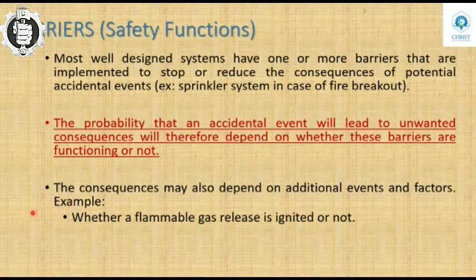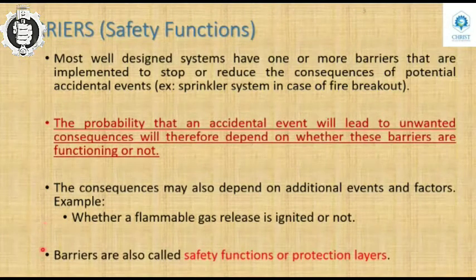If some fire is present and some gas leakage is there, then it may result in a total failure or a large explosion. These barriers are also called safety functions or protection layers, so these sprinkler systems are safety functions or protection layers.